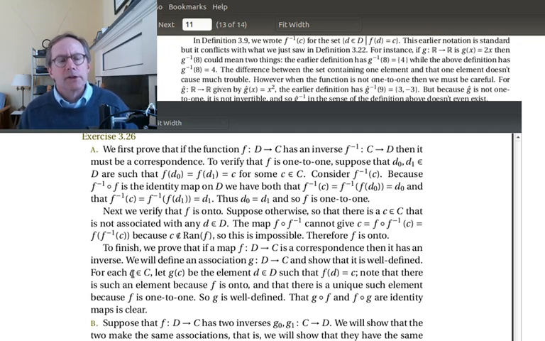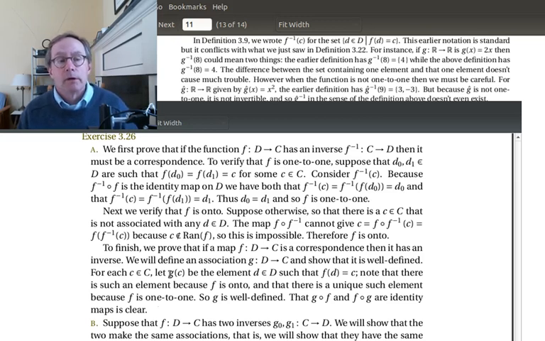So the obvious thing to do is for each little c in capital C, you let G of little c, the inverse, be the element little d that f maps to little c. There has to be such an element because f is onto, and there can't be two such elements because f is 1-to-1. So what G outputs when you give it a little c is well defined. There's one and only one such thing, and so that G is obviously the inverse function.